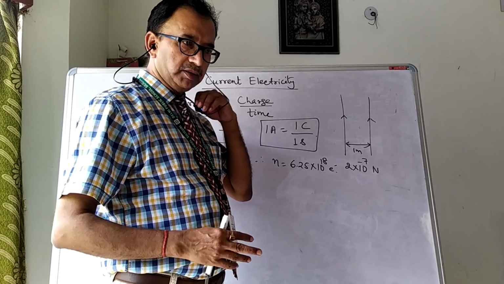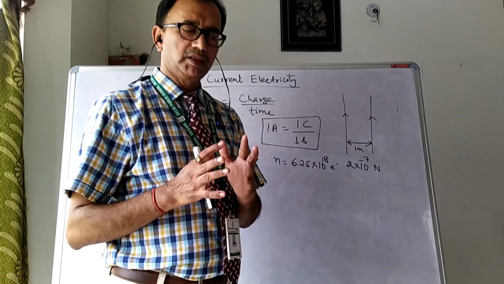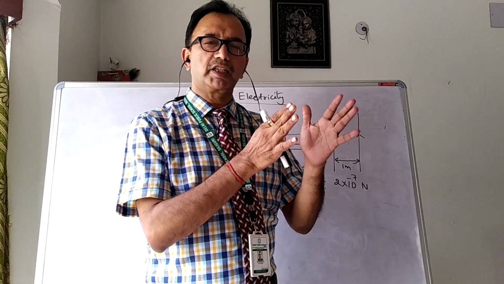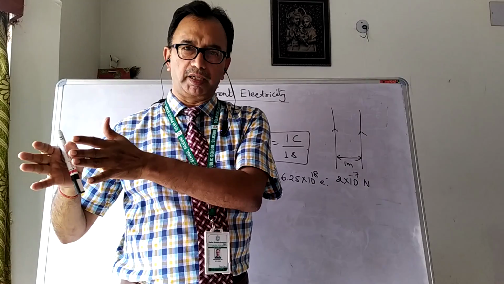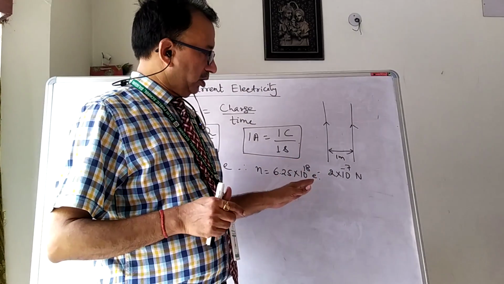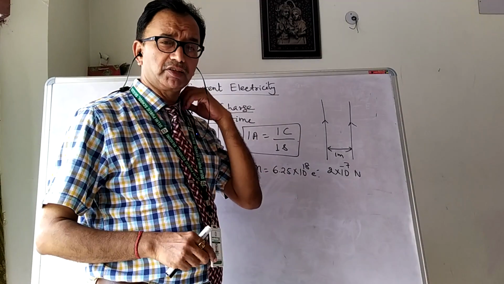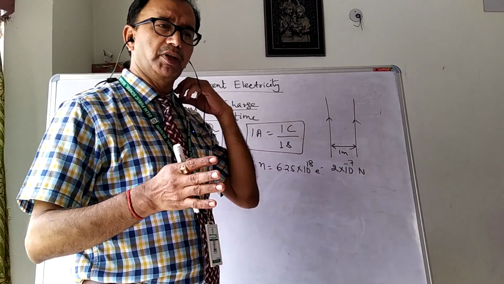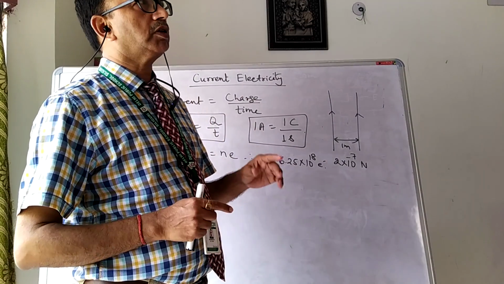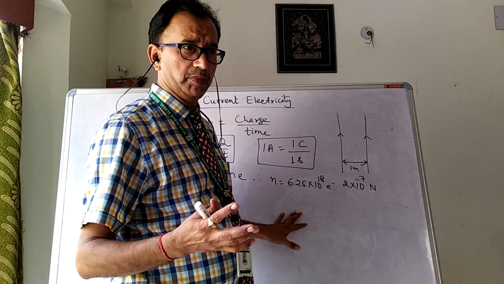So here the concept of drift velocity comes. What is the drift velocity? The velocity with which the electrons get drifted from one end to the other end of a conductor when a potential difference is applied. You will find the drift velocity is about 3.7 meters in 1 hour. This is the cloud of electrons I am talking about.